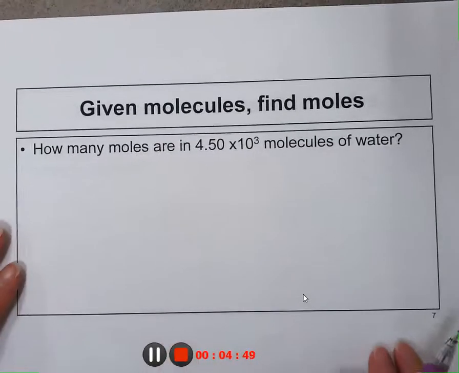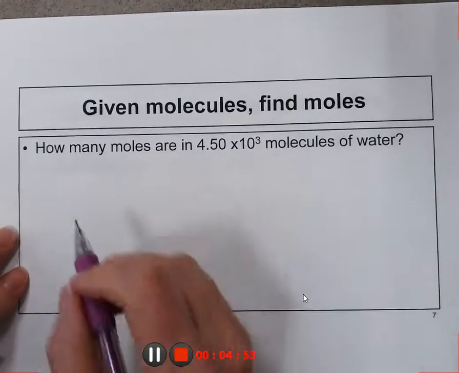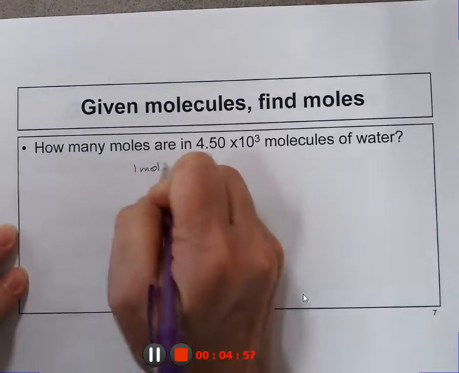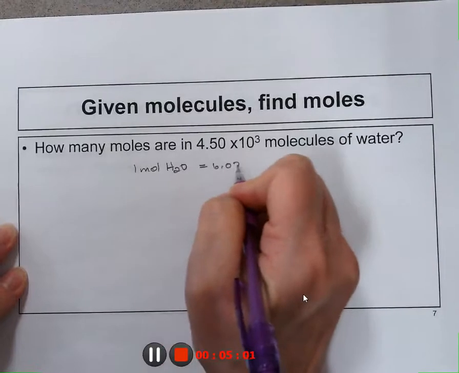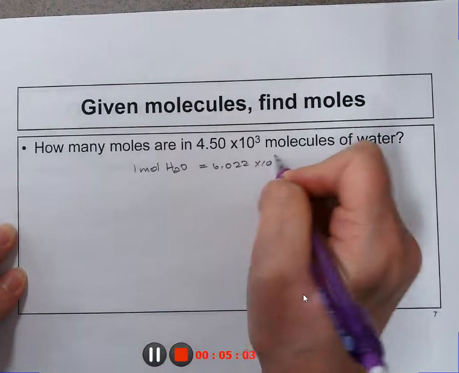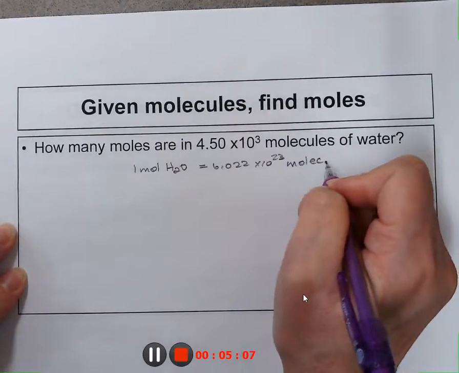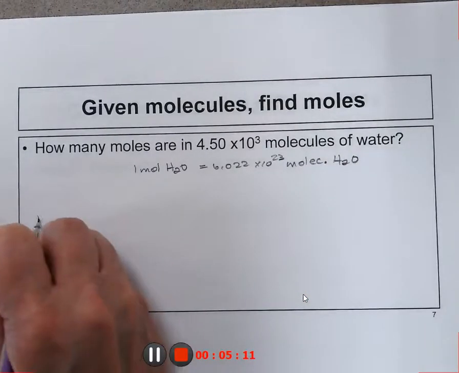How many moles are in 4.5 times 10 to the 3 molecules of water? So I know that for every 1 mole of water, there is Avogadro's number of molecules of water, and I'm going to abbreviate molecules. We start off with the given.